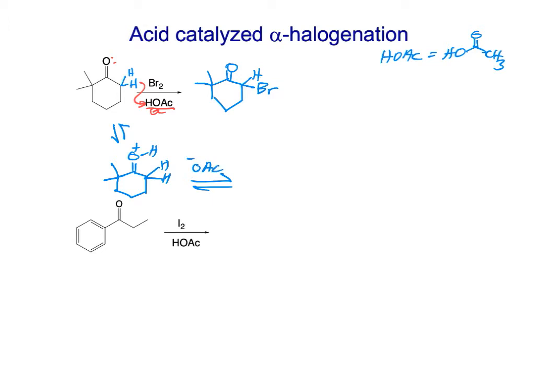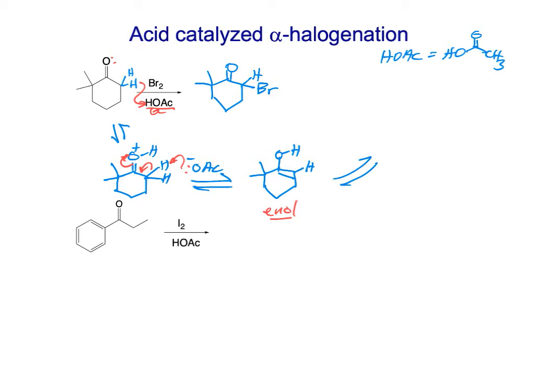So we can take the conjugate base of acetic acid that deprotonates this alpha position. Form the enol. So the enol under these acidic conditions is going to be the nucleophile.